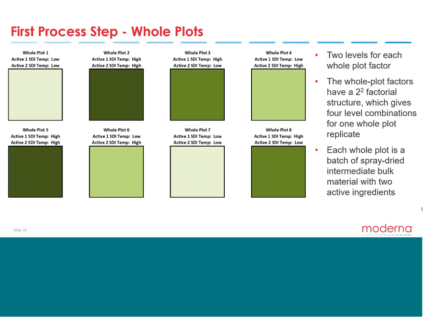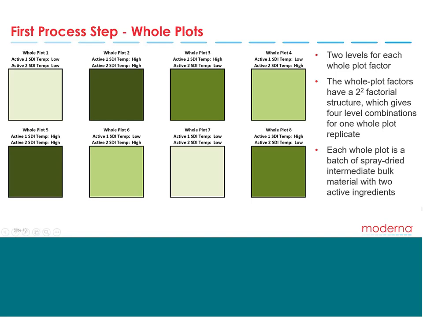Remember, these are just the temperatures of the chamber to make our spray-dried intermediates for active ingredient 1 and active ingredient 2. If we have each temperature at a high and low level, then essentially what we have is a 2 squared, or 2 to the 2, factorial structure in the factors for the whole plot. And that gives a total of 4 combinations for 1 replicate of the whole plot.